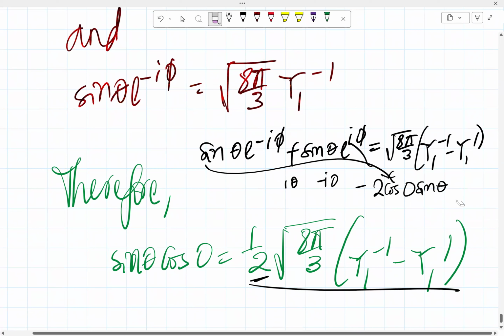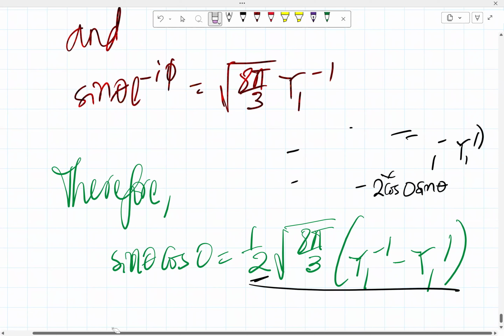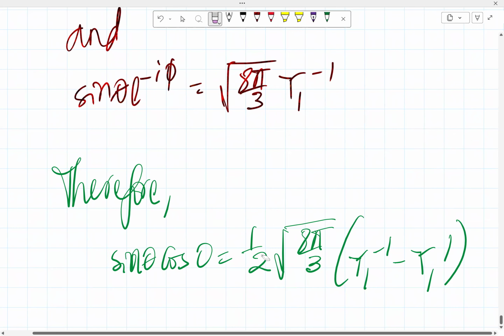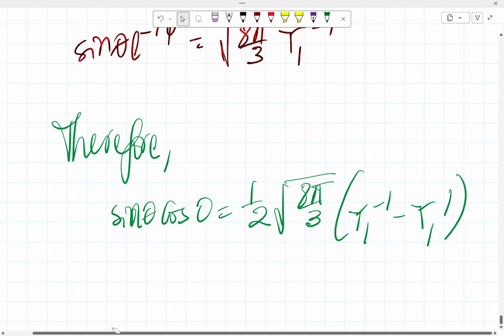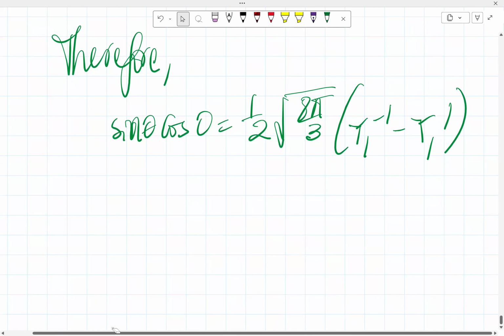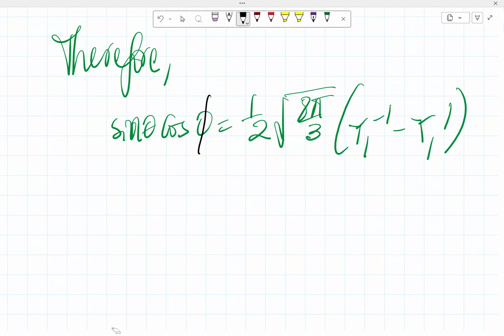So you want to try all of that out as much as possible. But everything is logical for sure. So we have this. With this in place now, we can move on. We have sine theta cos phi. Sine theta cos phi is all of that.